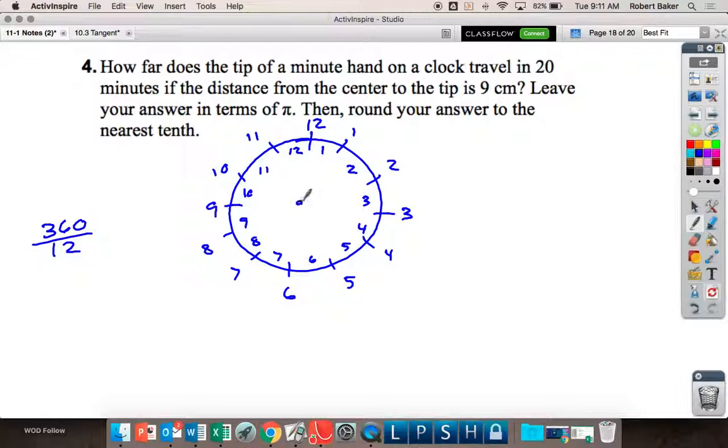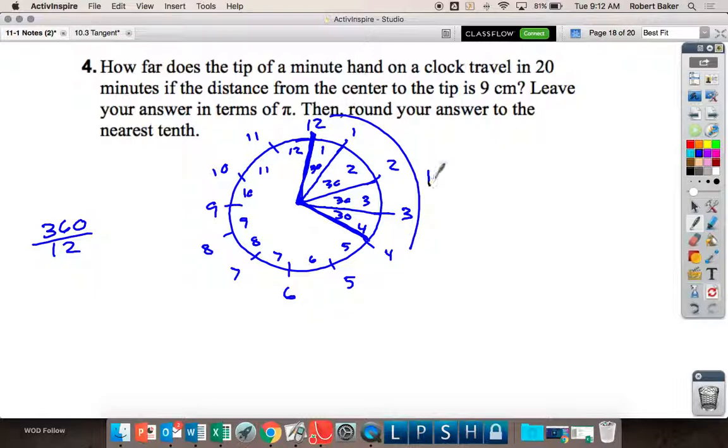That means if the center of my clock is here, 30 degrees, 30 degrees, 30 degrees, 30 degrees. So if the minute hand travels for 20 minutes, that's 5, 10, 15, 20 minutes. How many degrees does that minute hand travel? 120 degrees.